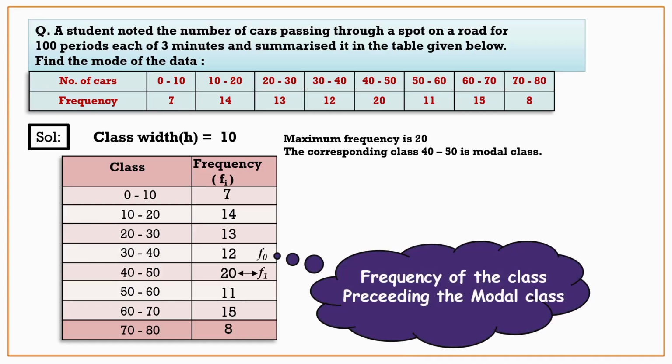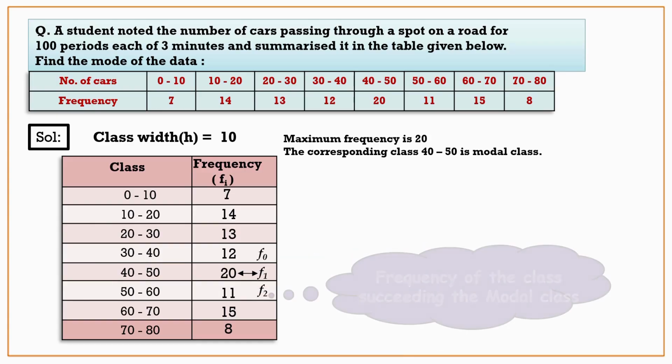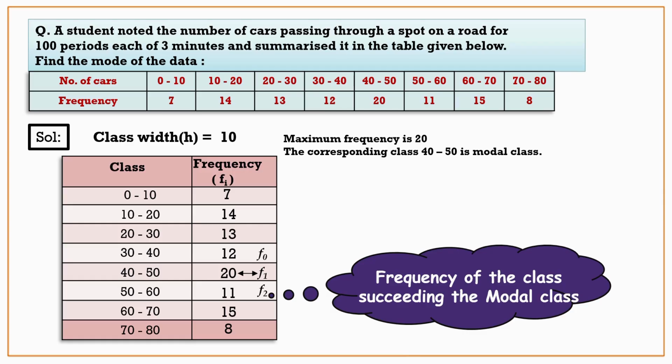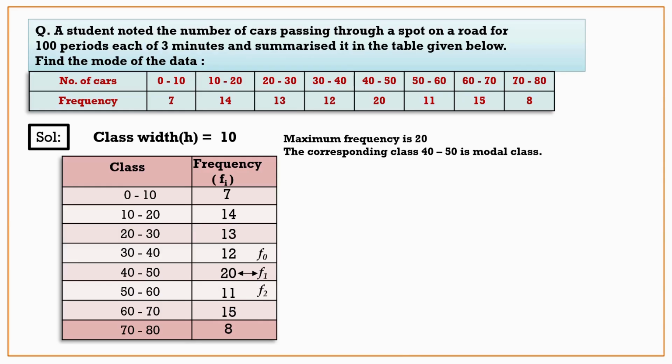Now F0 will be the preceding modal class frequency, that is 12, and F2 will be the succeeding modal class frequency, that is 11. Now put all these values. One more thing over here, we need to find the value of L, that is the lower limit of modal class. Modal class here is 40 to 50, so L will be equal to 40.